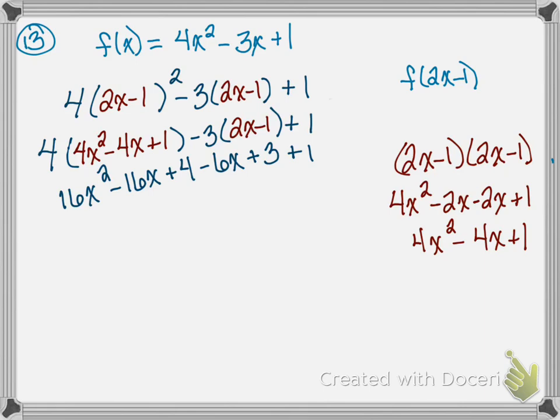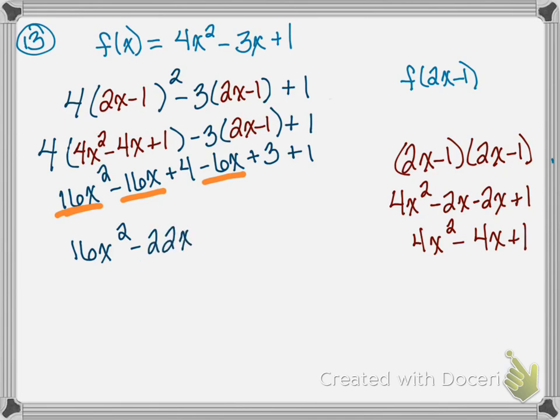Now our final step is to combine like terms. So the first thing I've got is 16x squared. I don't have anything else with an x squared. So I'm going to leave this as 16x squared. Then my next one, I've got negative 16x and negative 6x. When I add those two together, I get negative 22x.